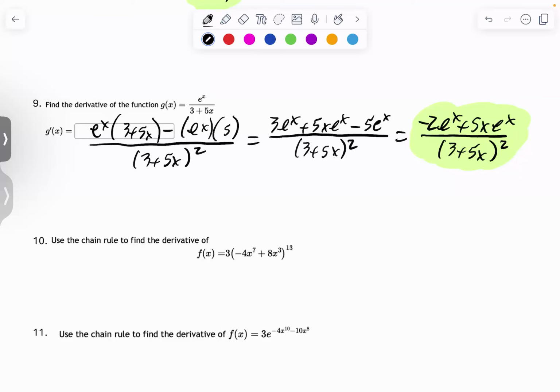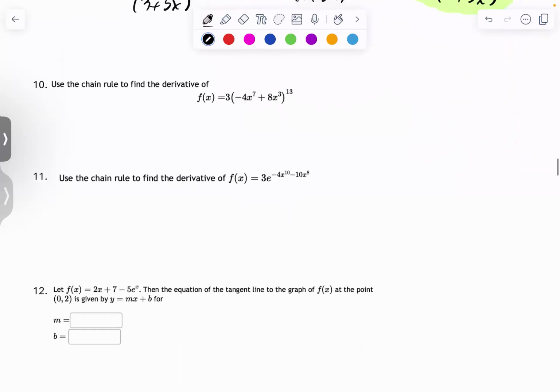All right, so once again, we have chain rule for number 10. So f prime of x is going to give me 3 times 13. I'll multiply that out in just a moment. Negative 4x to the 7th plus 8x to the 3rd to the 12th power times the derivative of the inside.